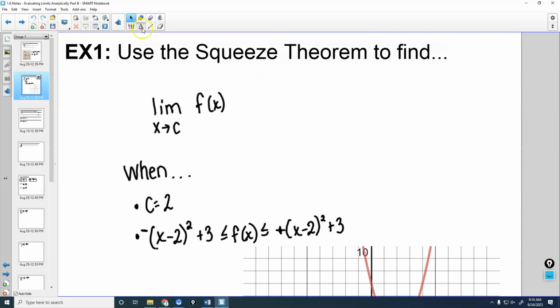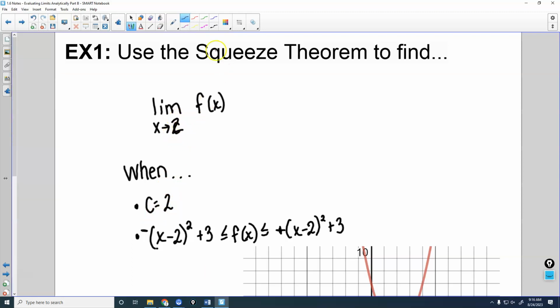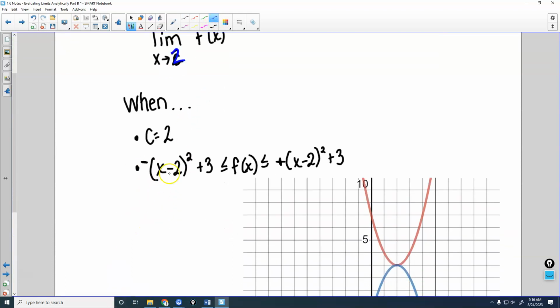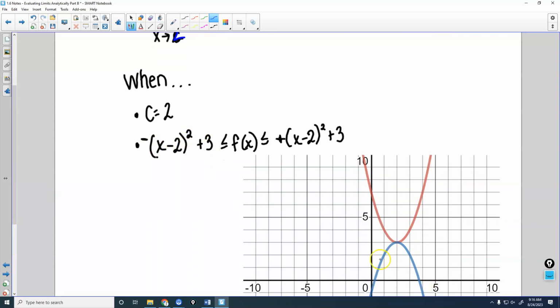We know that when c equals 2, so when we're looking at the limit as x approaches 2, we know that negative (x minus 2) squared plus 3, which is going to be this blue graph right here, is less than or equal to f of x, which is some unknown function. We don't know what it is.